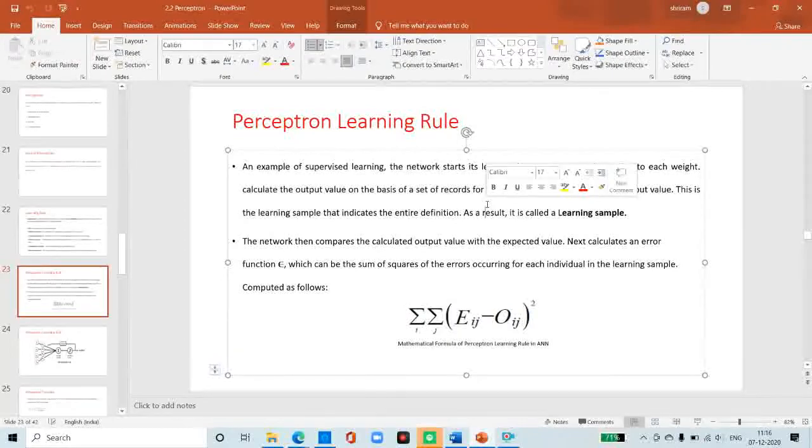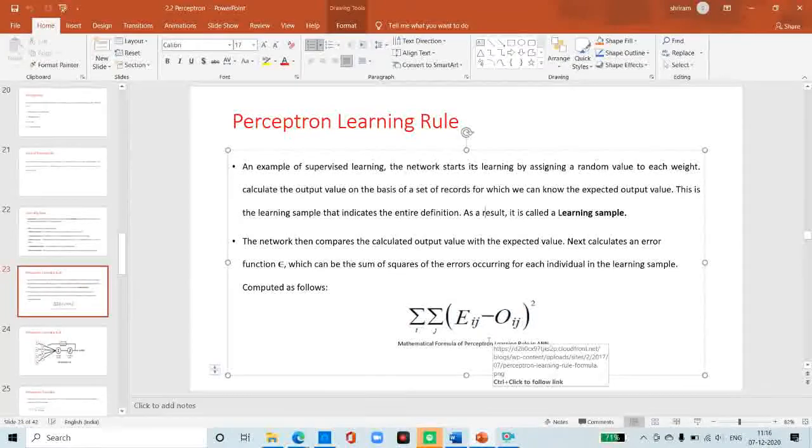Here we perform the first summation over the individuals of the learning set and the second summation over the output units. Eij and Oij are the expected and obtained value of the jth unit for the ith individual.